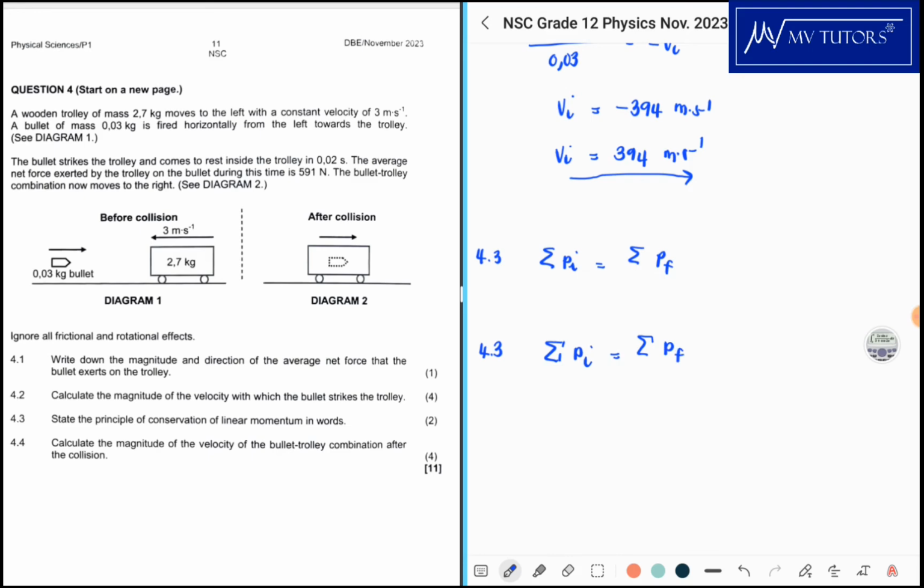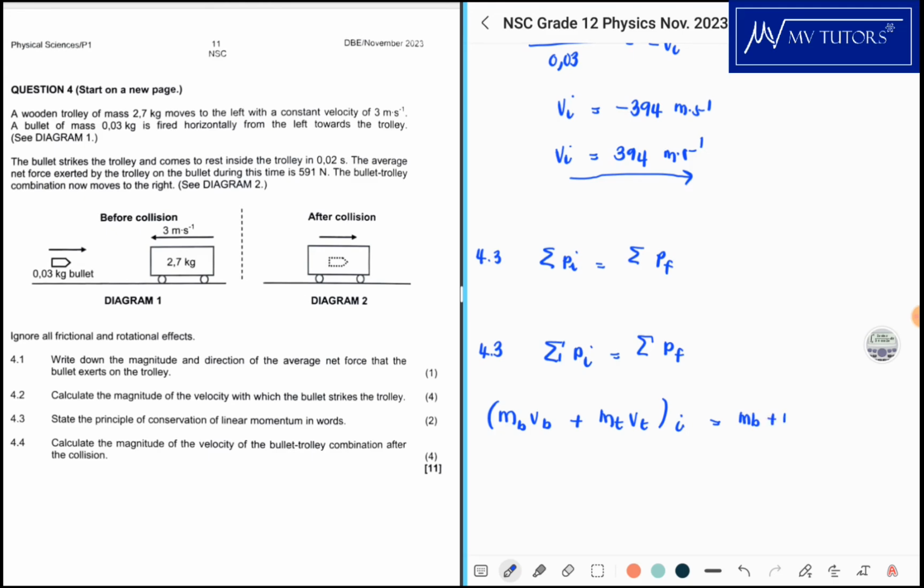Okay, final. So in this case, we have the mass of the bullet and the velocity of the bullet plus the mass of the trolley times the velocity of the trolley, and all of this is initial, right? Same thing again, mass of bullet, but now they're together, right? As we see in diagram 2.